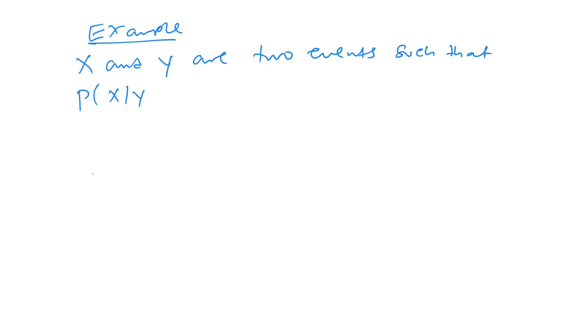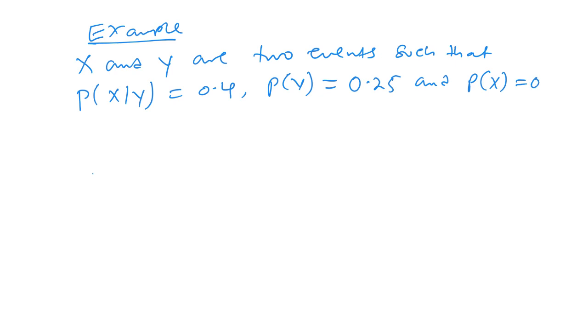So the example says that x and y are two events such that the probability of x given y is 0.4, the probability of y is 0.25, and the probability of x is 0.2.